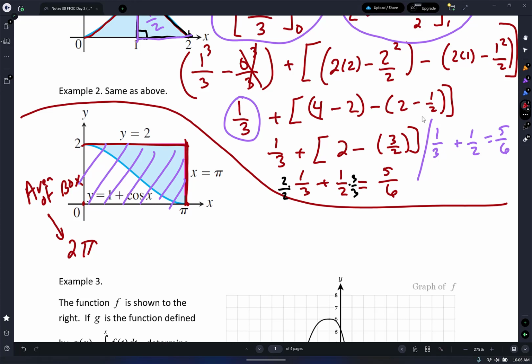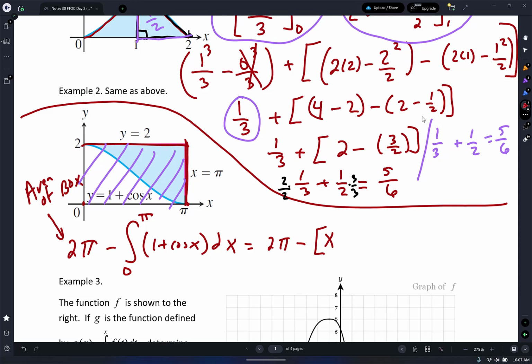Now I'm going to subtract the integral from 0 all the way to pi of what curve? Perfect. Let's see if we can do this. I'm going to go slow. 2 pi, that's just this guy right there, minus, I'm going to open up a bracket. What's the antiderivative of 1?